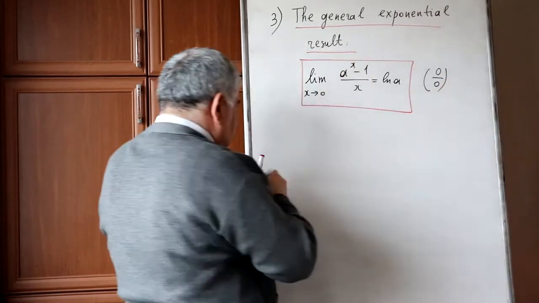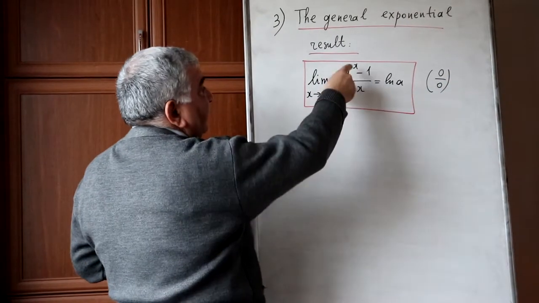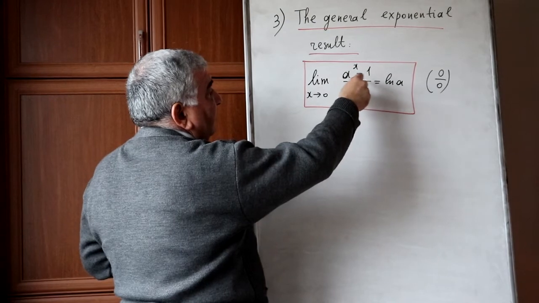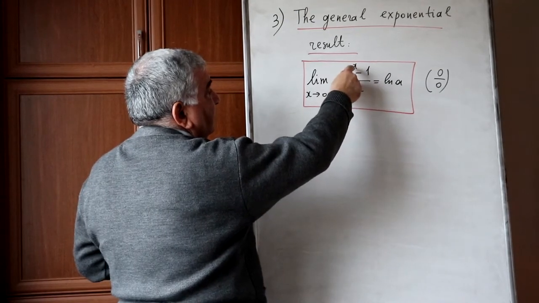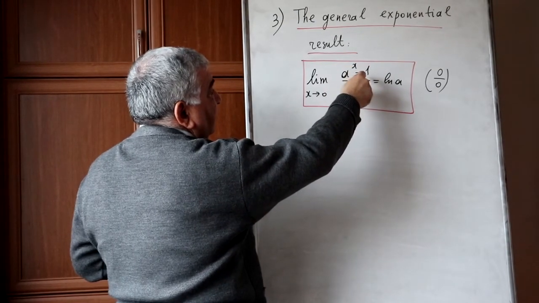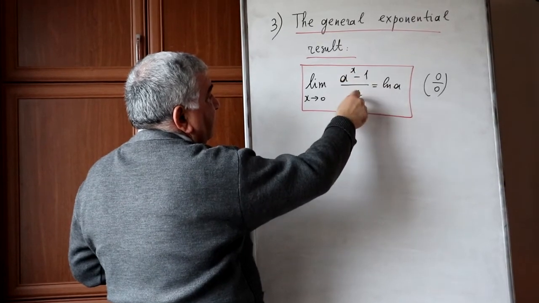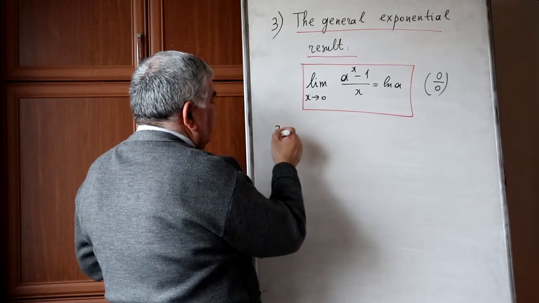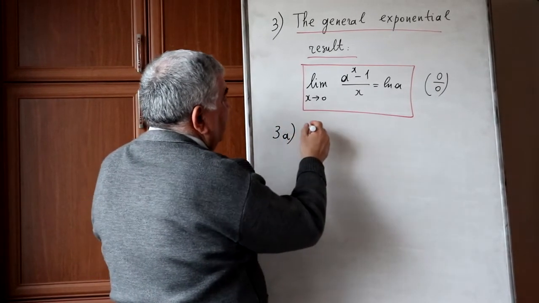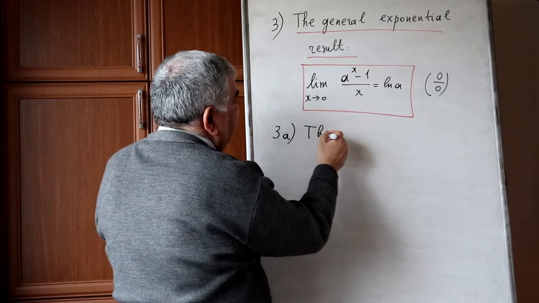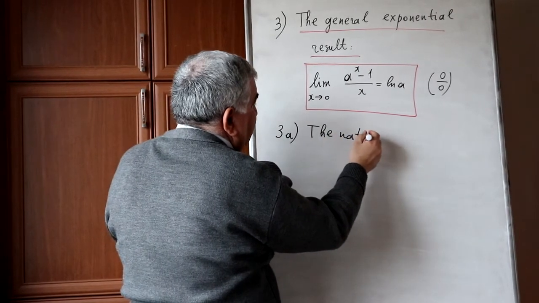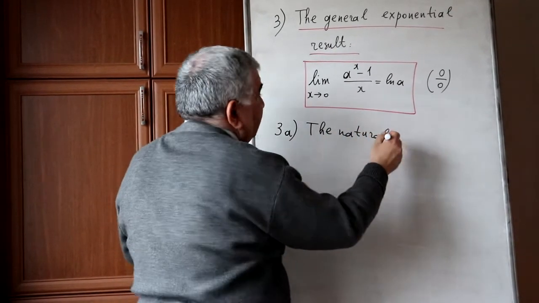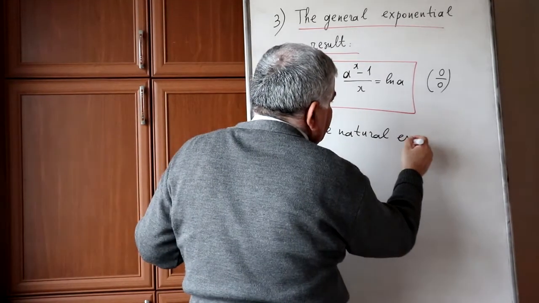Because if we substitute 0 instead of x, then we will have a raised to 0 is unit, minus 1 is 0, 0 divided by 0. Then 3a, the natural exponential result.